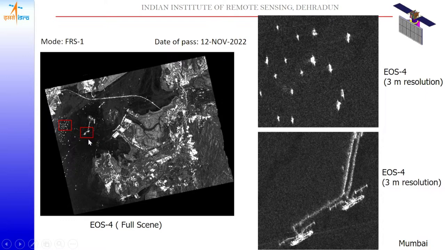You can see the ships here in the 3-meter resolution EOS4 data of Mumbai. This is a new bridge being built from the port area to Mumbai, so it is appearing as very bright in return. It is also under construction.